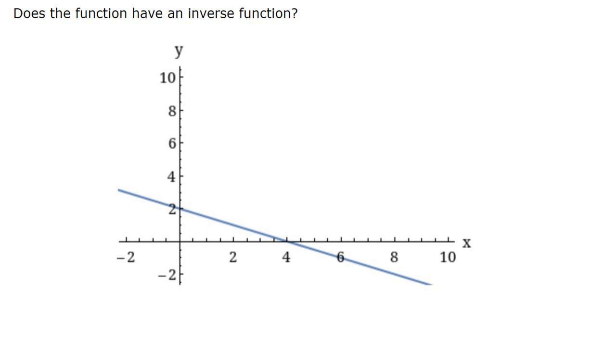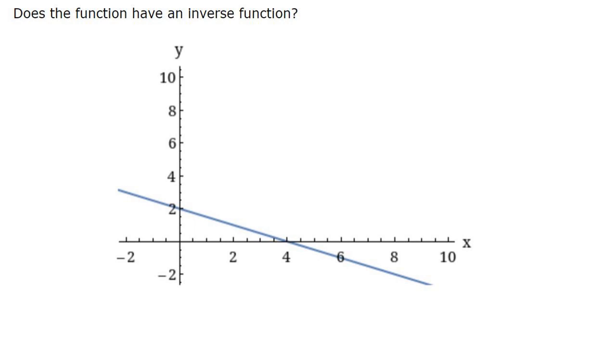And that test is called the vertical line test, right? So if we wanted to test if this graph was a function, we draw an imaginary vertical line and we traverse it through our graph. And if we see that our imaginary vertical line only crosses our graph once, then this is a function.